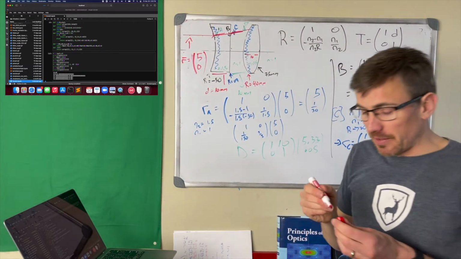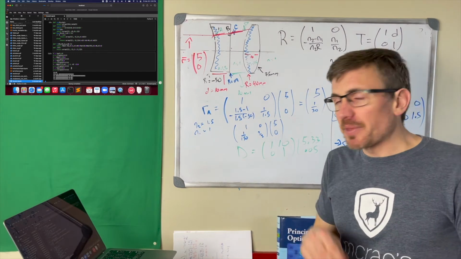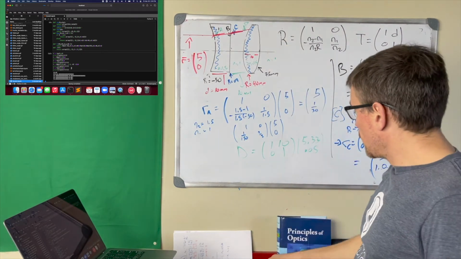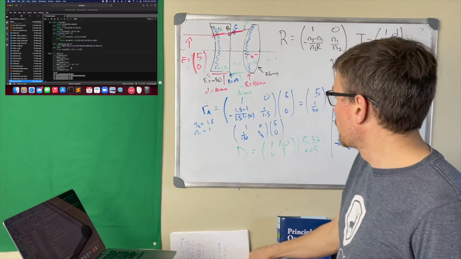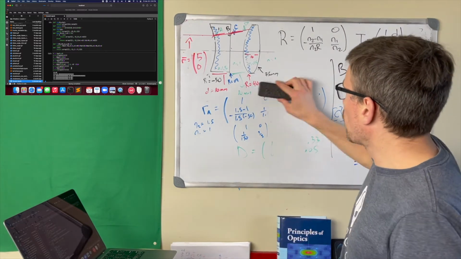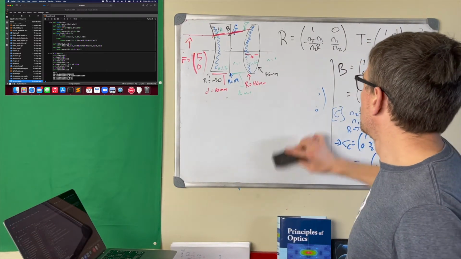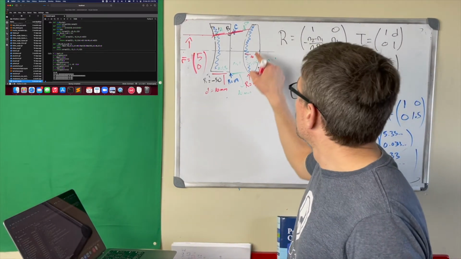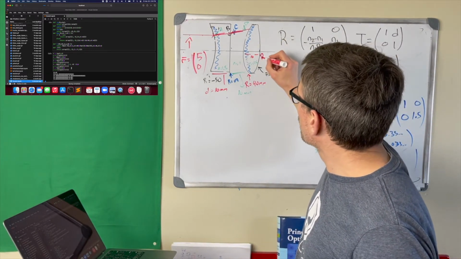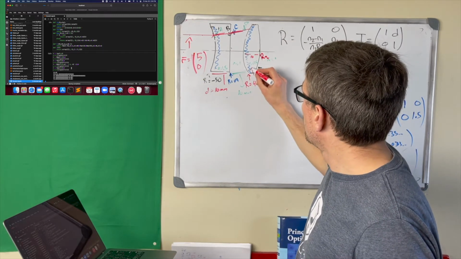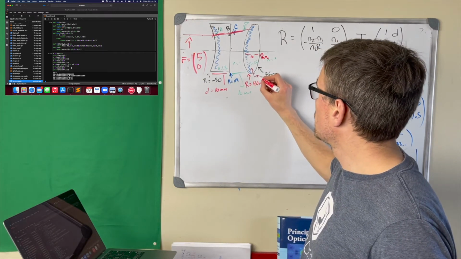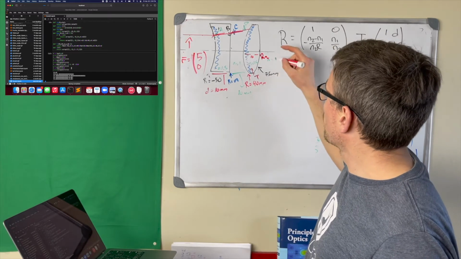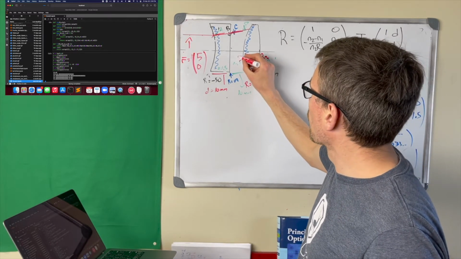And we can do the same thing for the second lens. Let's skip that step though. Instead of doing each refractive surface, remember that we can combine all of our rays into a thick lens matrix. So we'll call this R2, this will be T, and this we'll call R1.